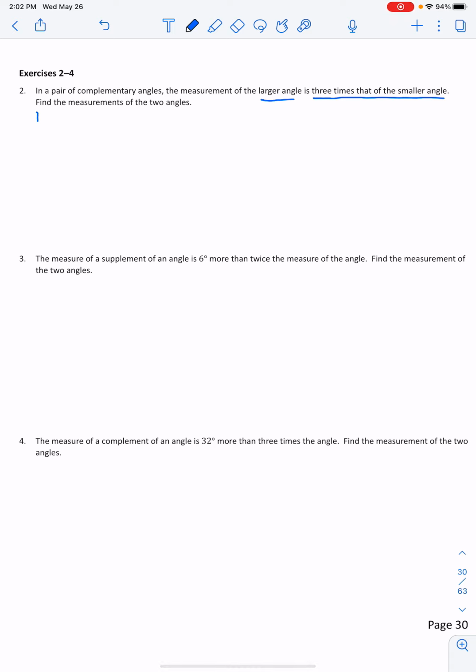The smaller angle, we are going to say let x equal the smaller angle, and the larger angle is 3 times that. So let 3x be the larger angle.